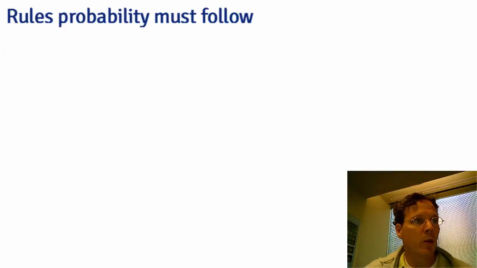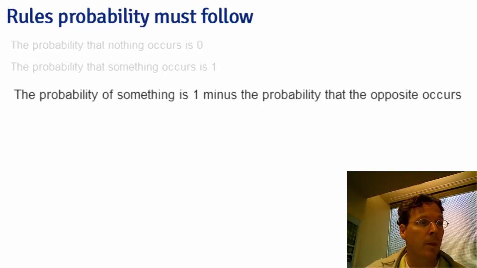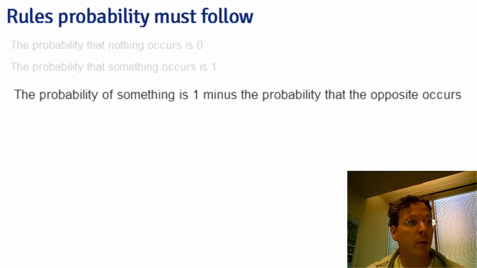Here are some of the rules that probability must follow. Some of them I stated already, and some of them are consequences of what I stated already. The first is the probability that nothing occurs is 0. So you have to roll the die. Something has to occur. You have to get a number. And that's similarly related to the probability that something occurs, that you do get a number, is 1. Something that we intuitively seem to know is the probability of something is 1 minus the probability that the opposite occurs.